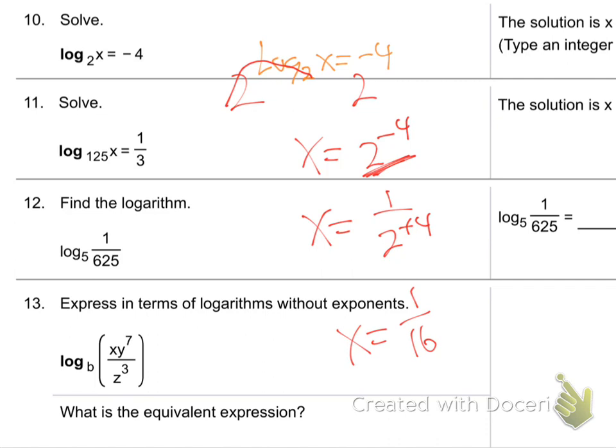All right, try number 11. Same kind of thing. Got to get rid of that log. Need the antidote. Probably going to need your calculator.